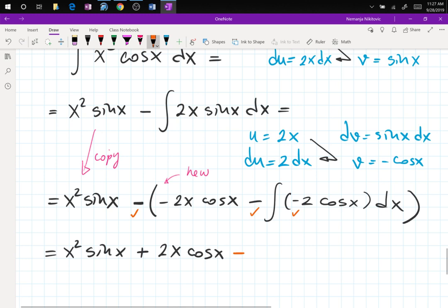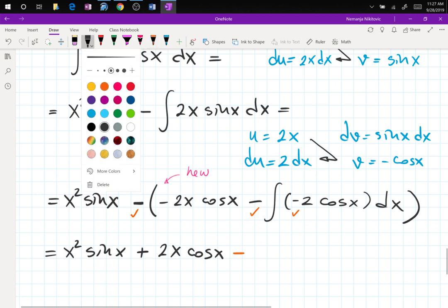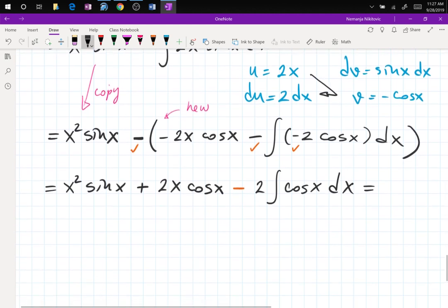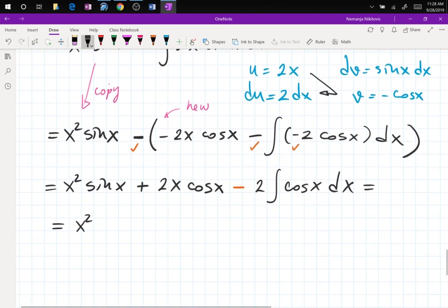There are 3 minus signs there. And this is becoming now the integral, kick the 2 outside, integral of cosine x dx. So we have x squared sine x plus 2x cosine x. The integral of cosine is positive sine, so minus 2 sine x plus c.